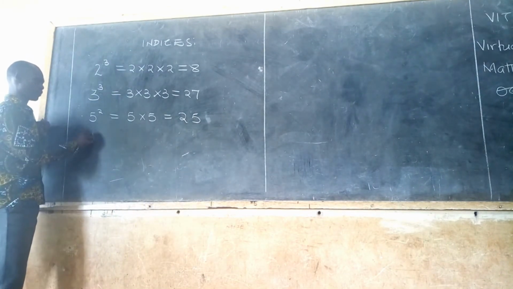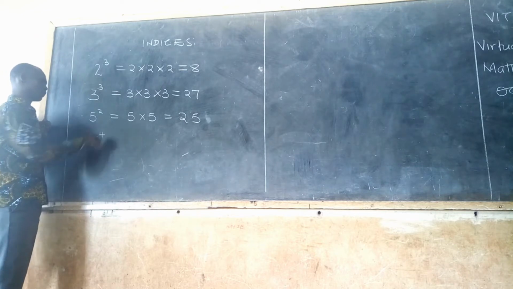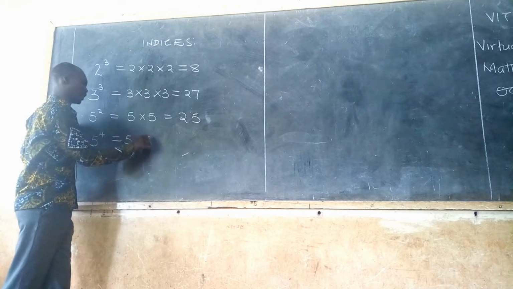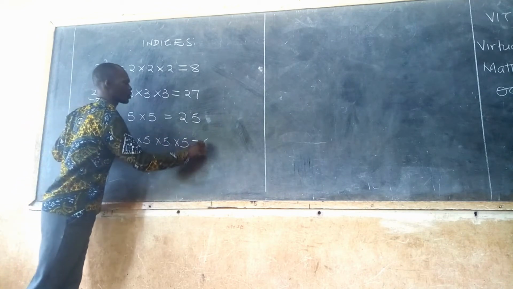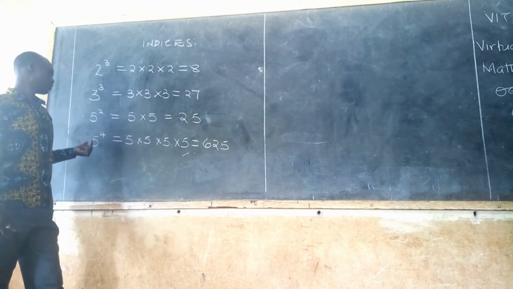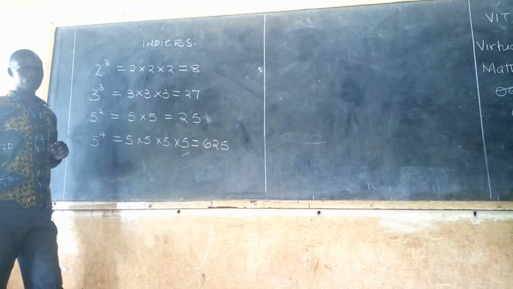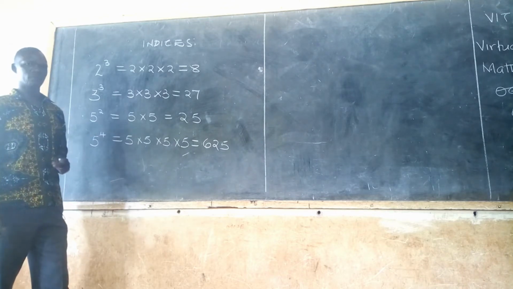Finally, 5 to the power 4 is 5 by 5 by 5 by 5, which gives 625. Take note again, 5 to the power 4 is not 5 times 4, so it will not be 20. The correct answer is 625.